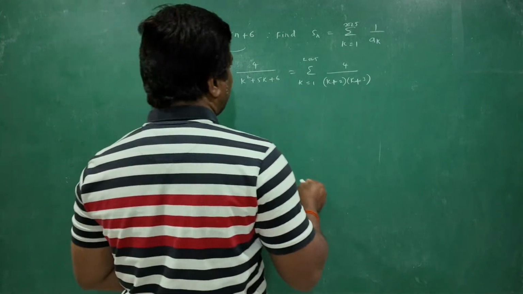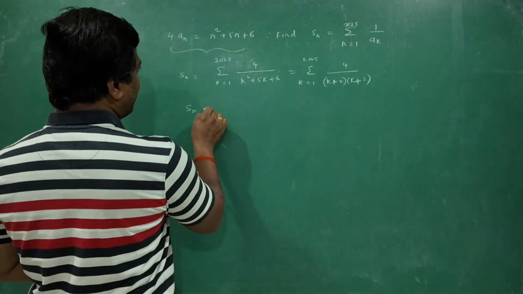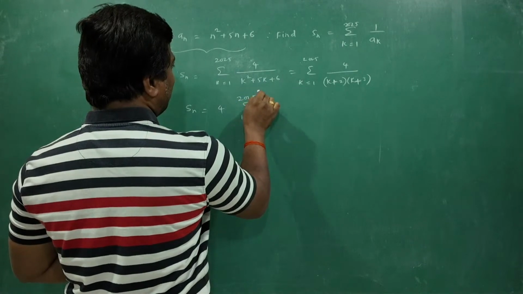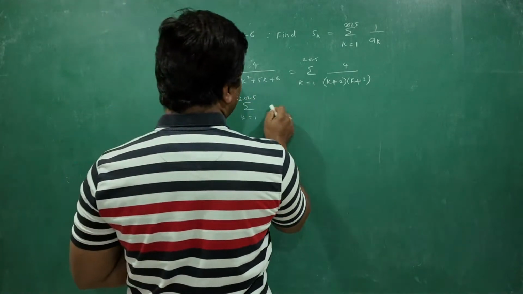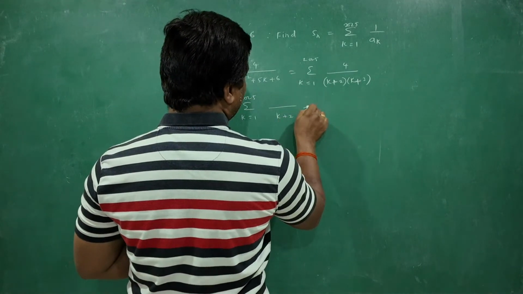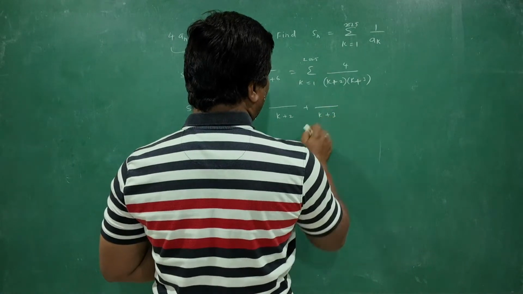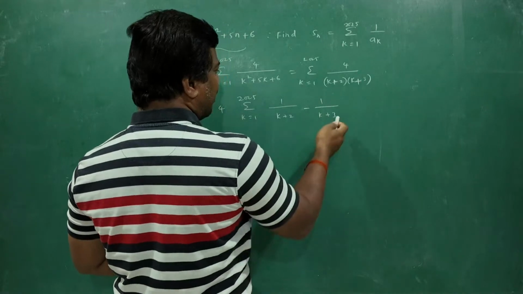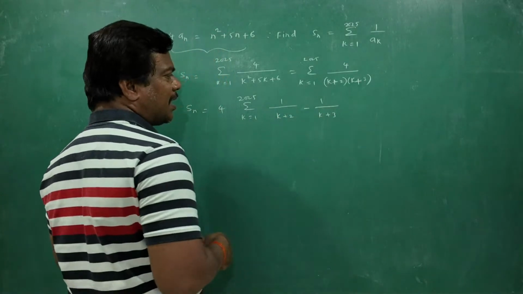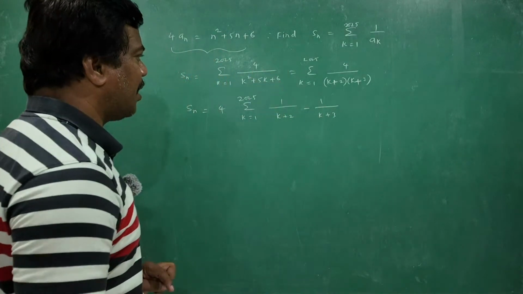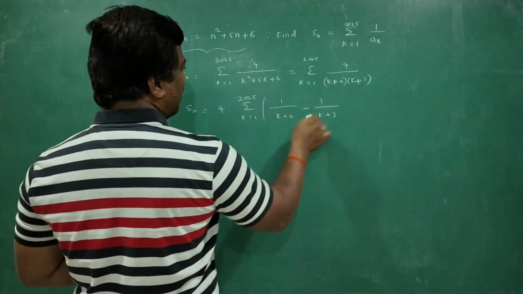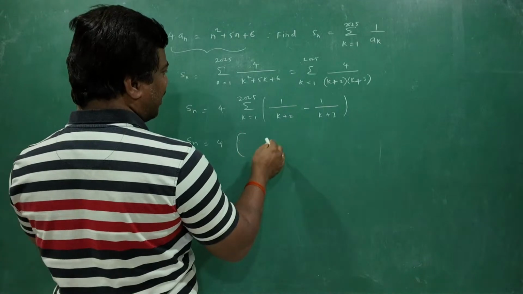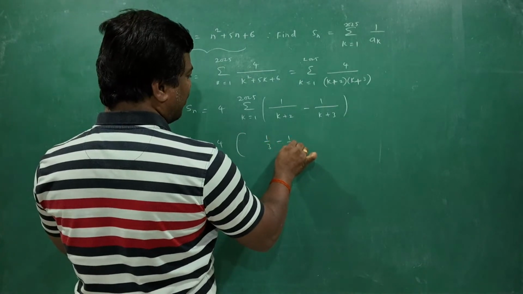And again, if you write 4 outside, k from 1 to 2025, by using partial fractions, separating into 2 parts, here you have to put a minus sign: 1 by (k plus 2), 1 by (k plus 3). Taking 4 outside, now by the telescopic method, by writing k equal to 1, it is 1 by 3, 1 by 4.